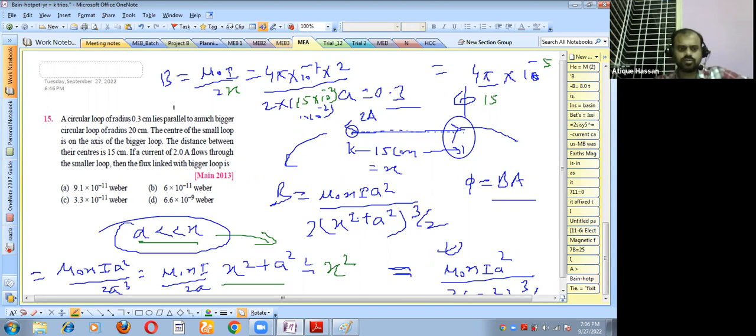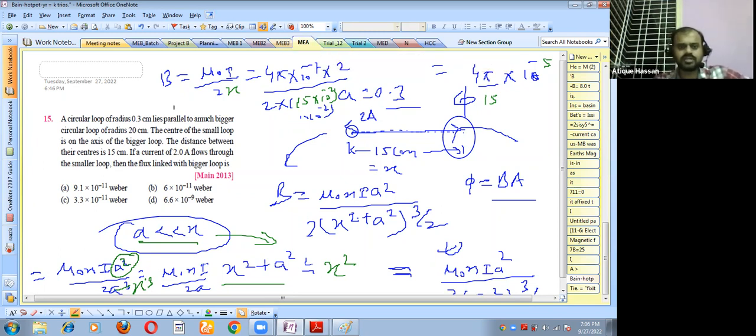Since here we have a square and a cube, right? So in place of a cube now we got x cube. So it will be a square by x cube in the expression. We cut a power of 1.